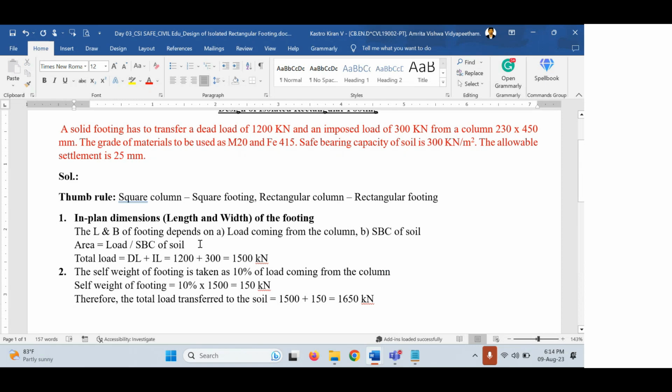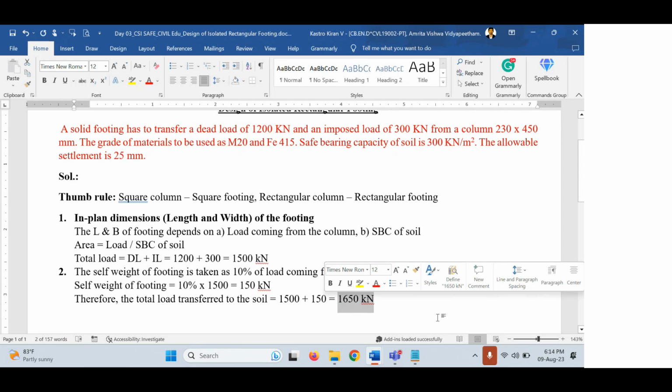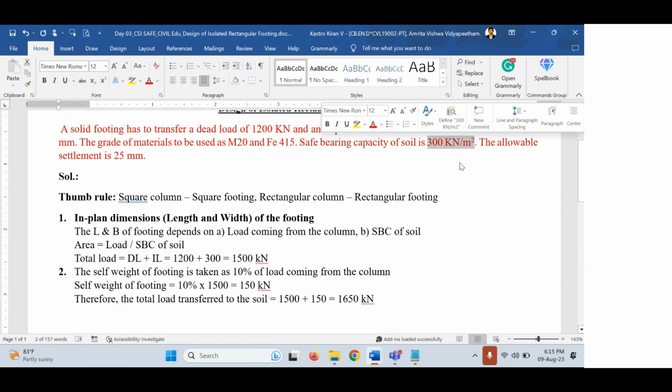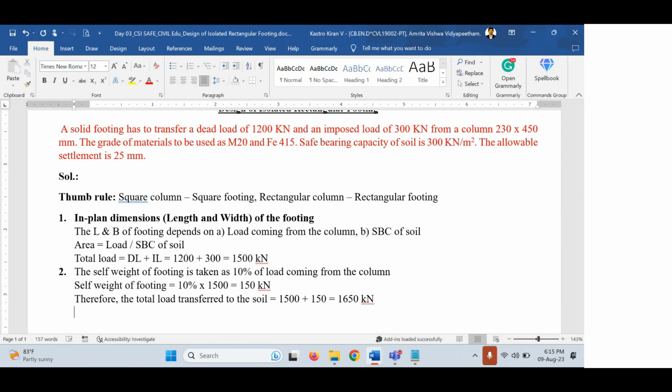So we have the formula, which is area equals load by SBC of soil. We have the load value, which is 1650 kilonewtons, and we have the SBC of the soil as well, which is 300 kilonewtons per square meter. So area equals 1650 divided by 300, the SBC of soil given in the question.